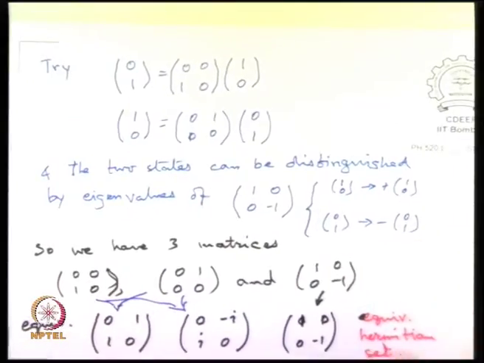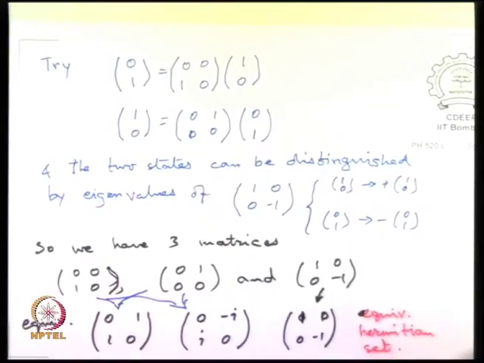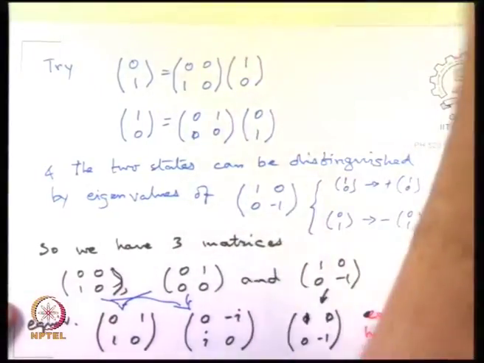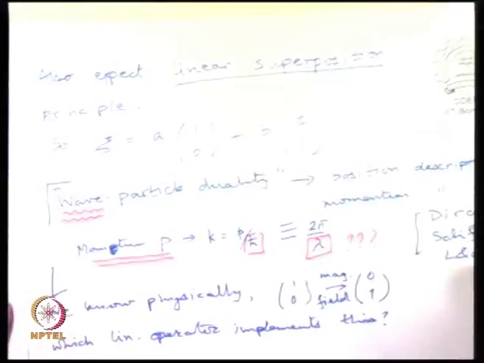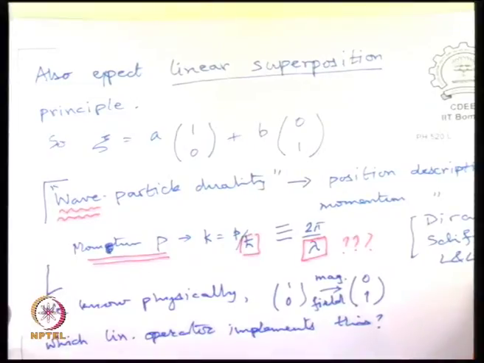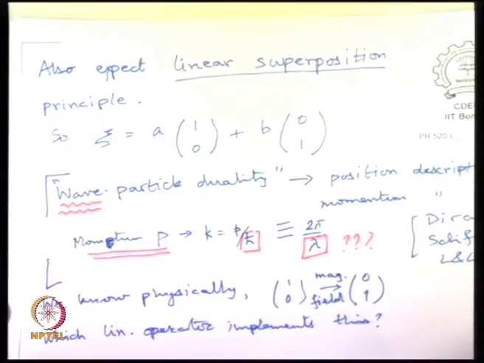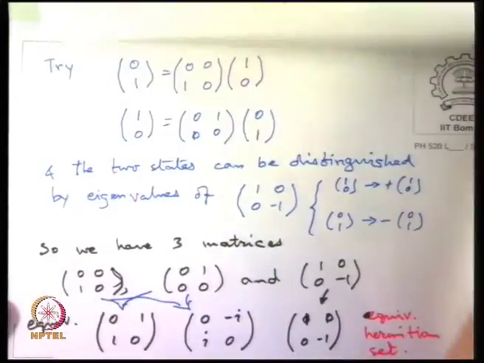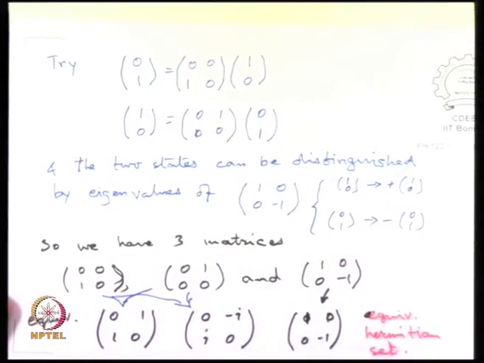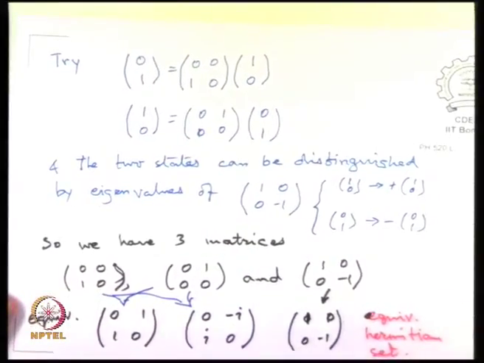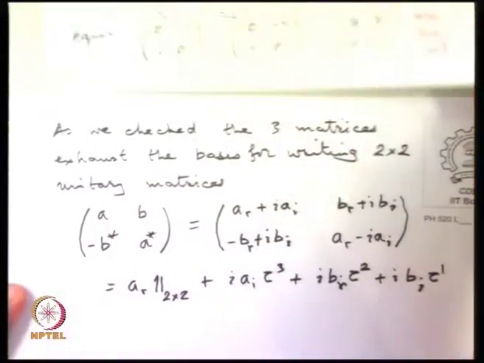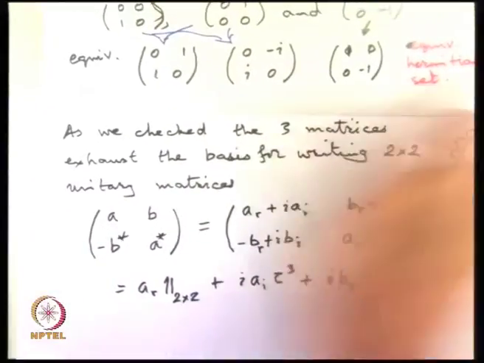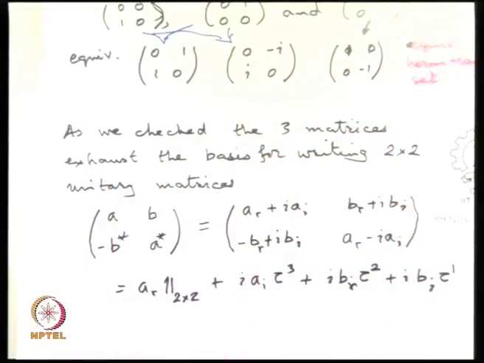So we have 3 Hermitian matrices which help us to understand the quantum mechanics of spins, which obeys the linear superposition principle and has this property that only eigenvalues are returned as a result of measurements. And amusingly, the 3 Hermitian matrices are the basis for the corresponding unitary matrices.